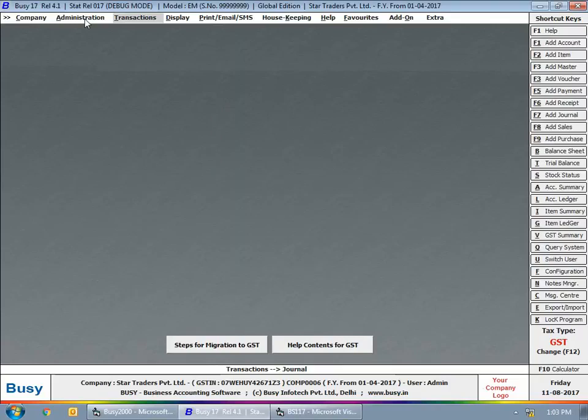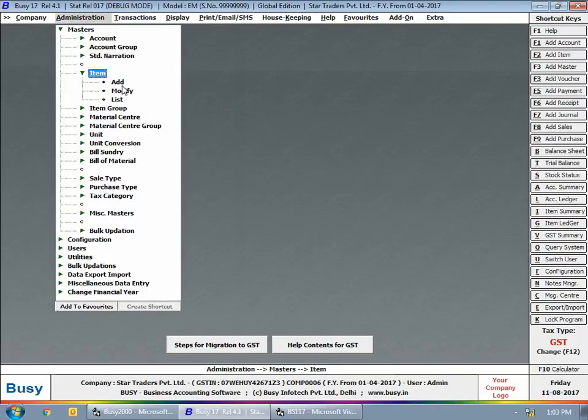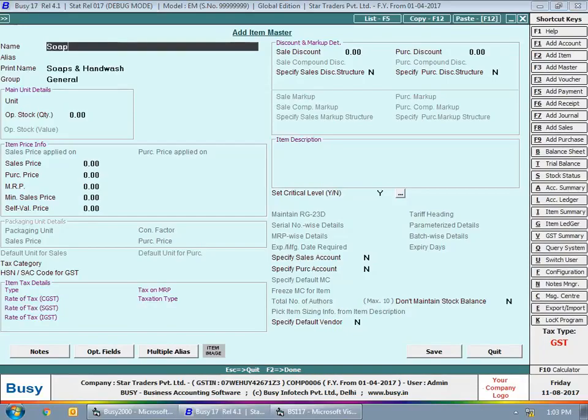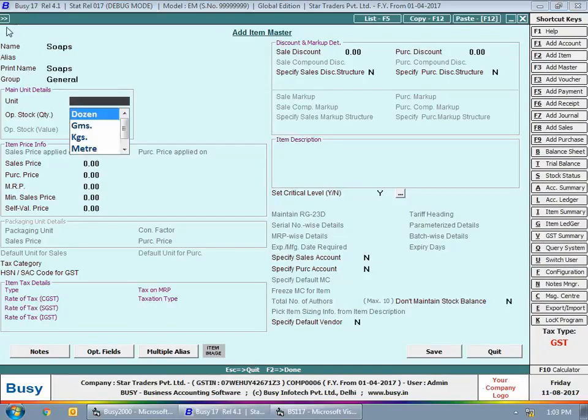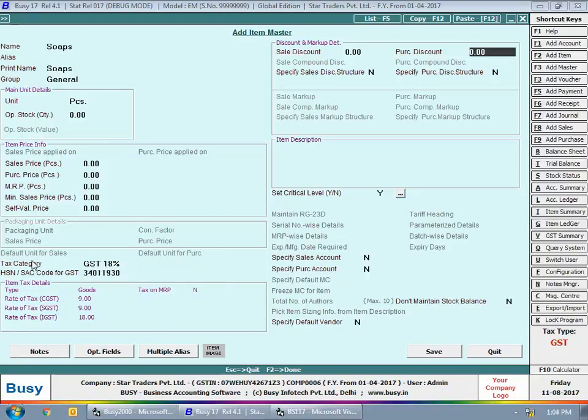Next we'll show the example of entering purchase vouchers for various expenses made. For this, first of all we'll create the item master. For this we'll go to Masters, Item, Add option. Here we are creating an item with the name soaps, specifying its group, unit, tax category as GST 18%, HSN code, and specify purchase account yes.